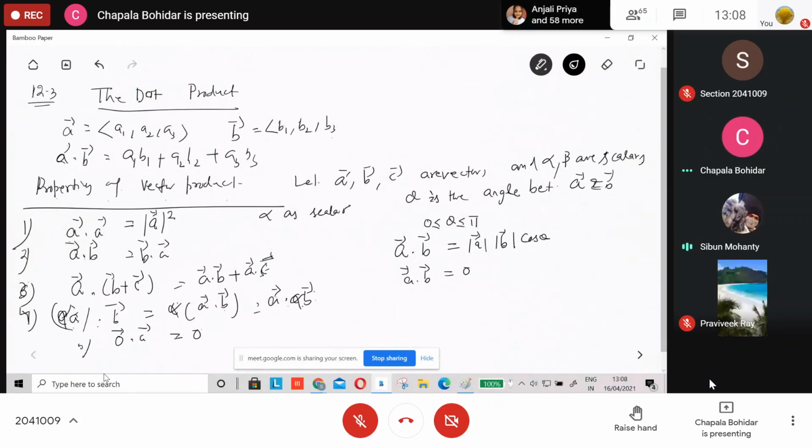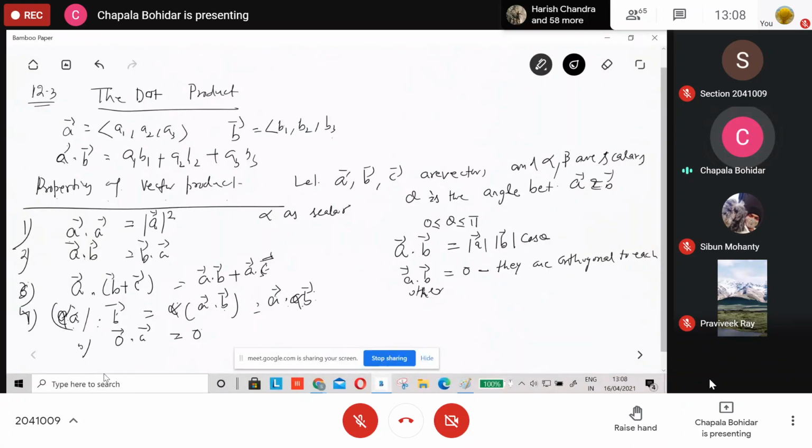Both are perpendicular. Yes, they are orthogonal to each other.